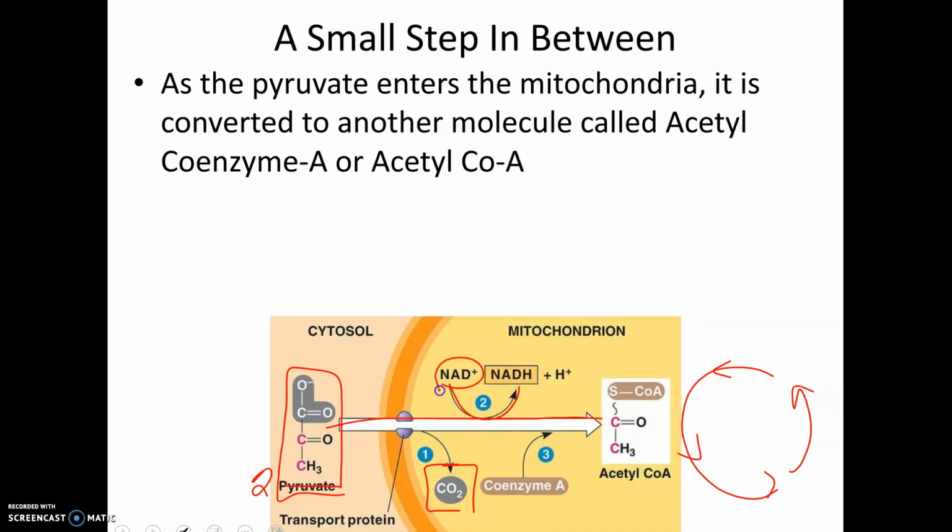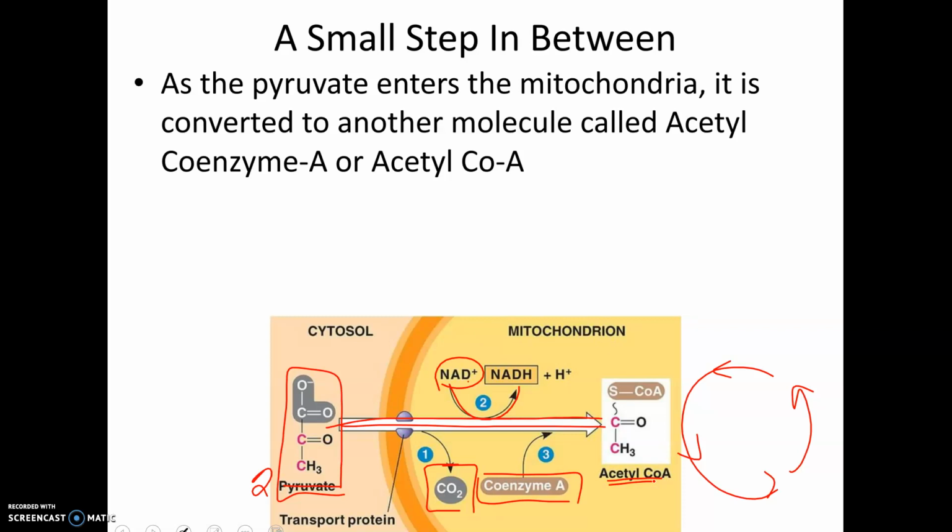If you recall, there was this coenzyme called NAD+, and it becomes NADH. And then this coenzyme called coenzyme A, which they're not really drawing, it's kind of big and bulky. It hooks to what's left here, which is called an acetyl group, and so the whole thing is called acetyl-coenzyme A. You don't have to know the drawings of what these look like, but this step happens in between.